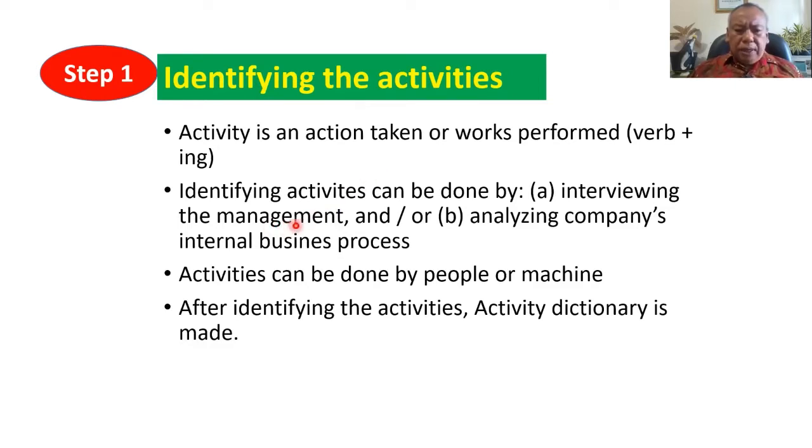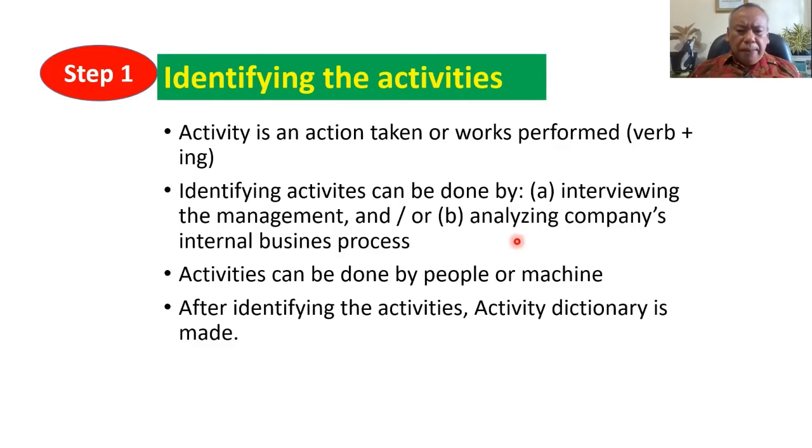And then the activity can be identified by interviewing the management and or by analyzing the company's internal business process. So we can do it by interviewing or just analyzing the company's internal business process, or maybe both. We analyze and also we interview.